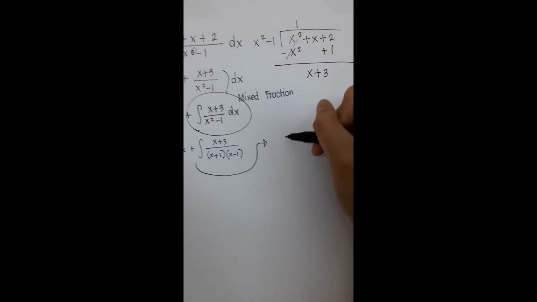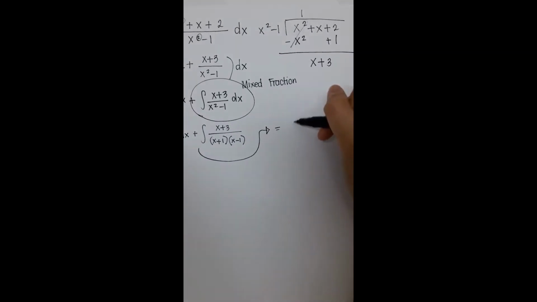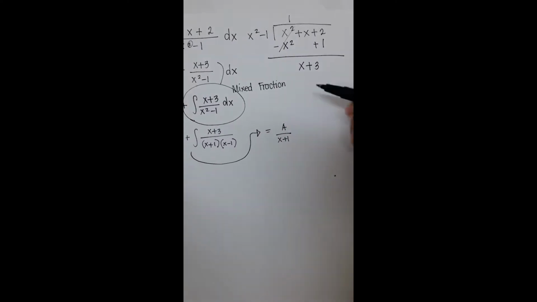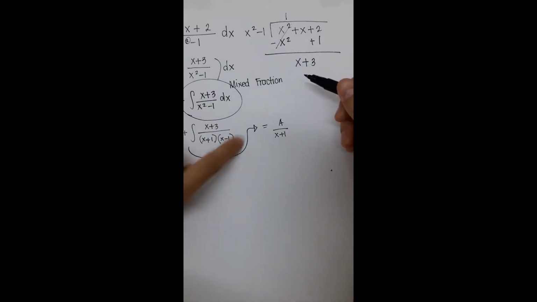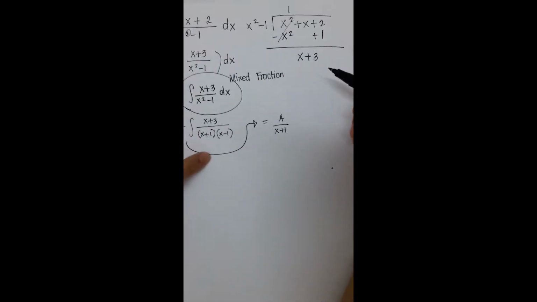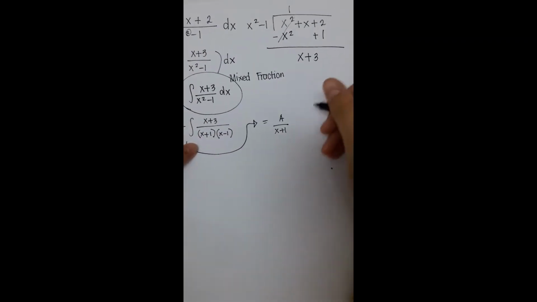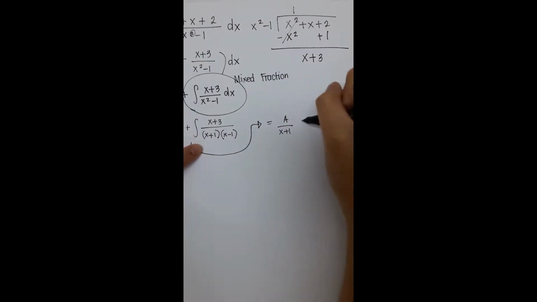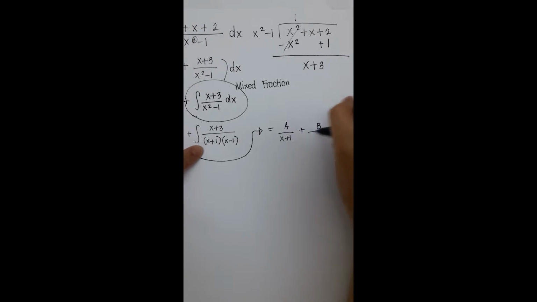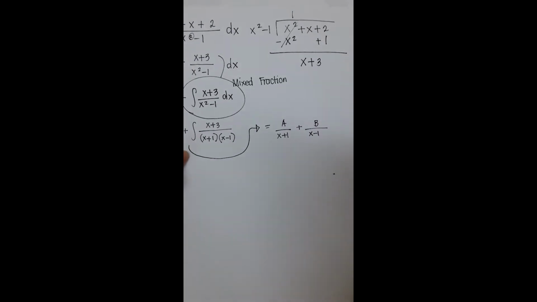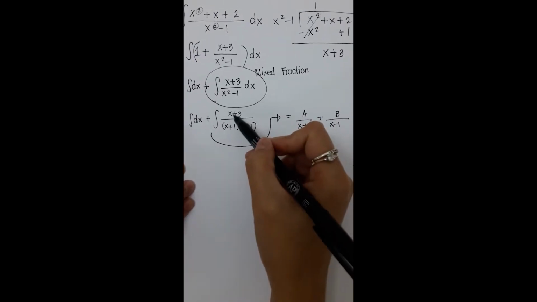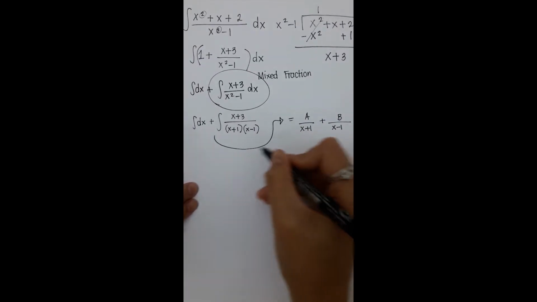So that will be equal to a all over x plus 1. Since the factors of your denominator are all linear, this will be the form: a over x plus 1 plus b all over x minus 1. Now, simplifying, let's focus on this part first and leave it there.